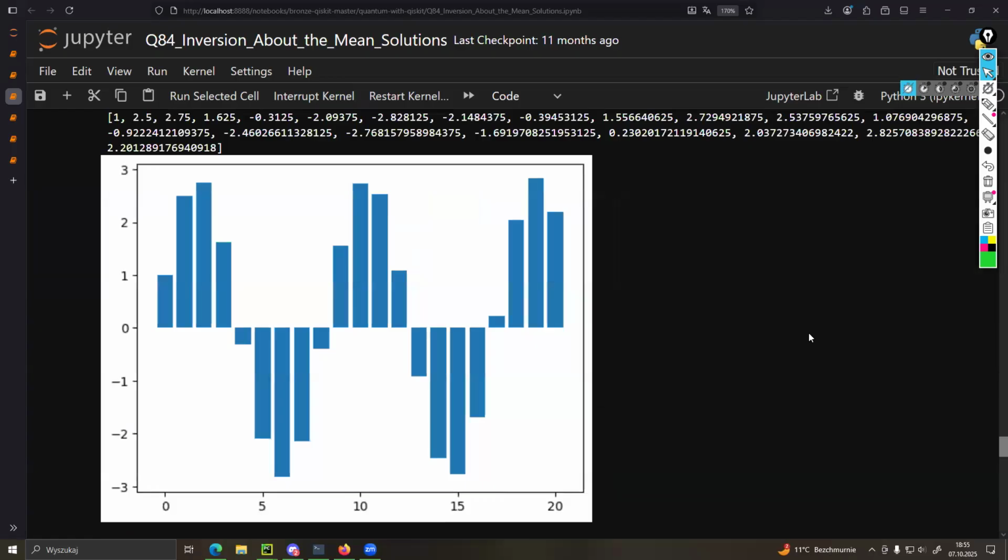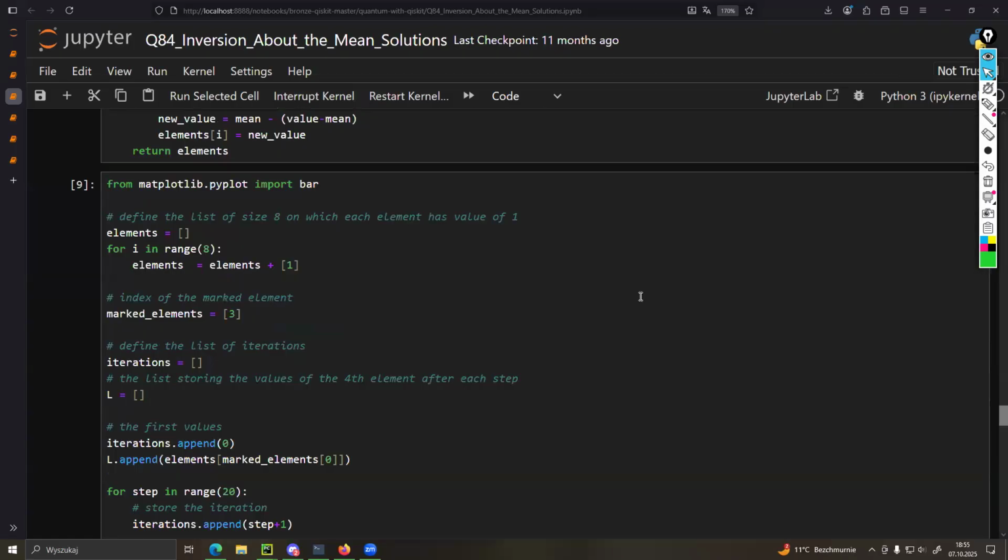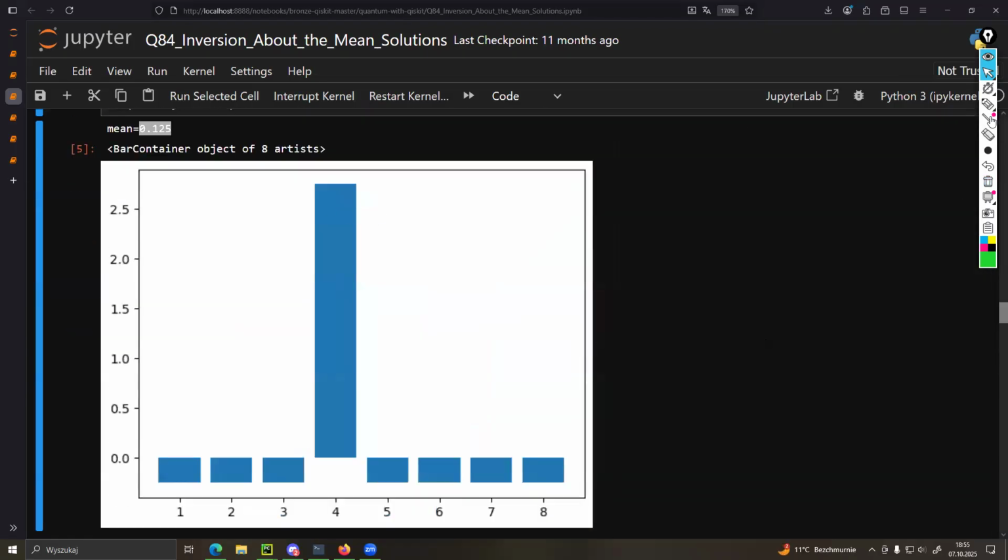Here on this chart, we plot something else, because we plot what happens with this one element after every single iteration. So this representation was about all the elements, how they interact with each other. Now let's focus on a single element, which is this one. What happens to this one element during this operation of inversion about the mean?